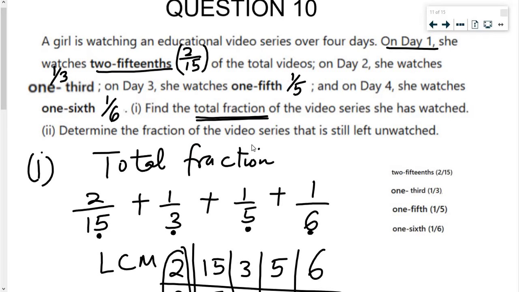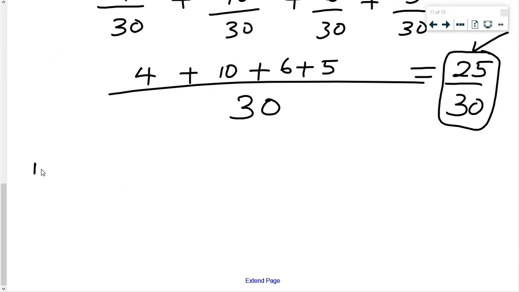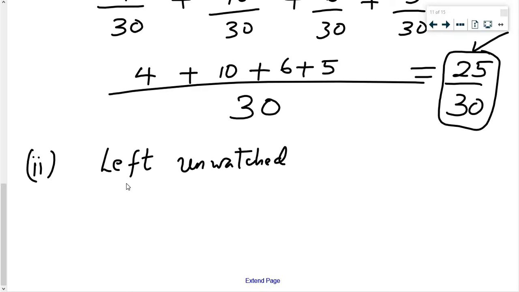Determine the fraction of the video series that is still left unwatched. Question 2, left unwatched. To find how much fraction is left, look at the denominator first. The denominator is 30.